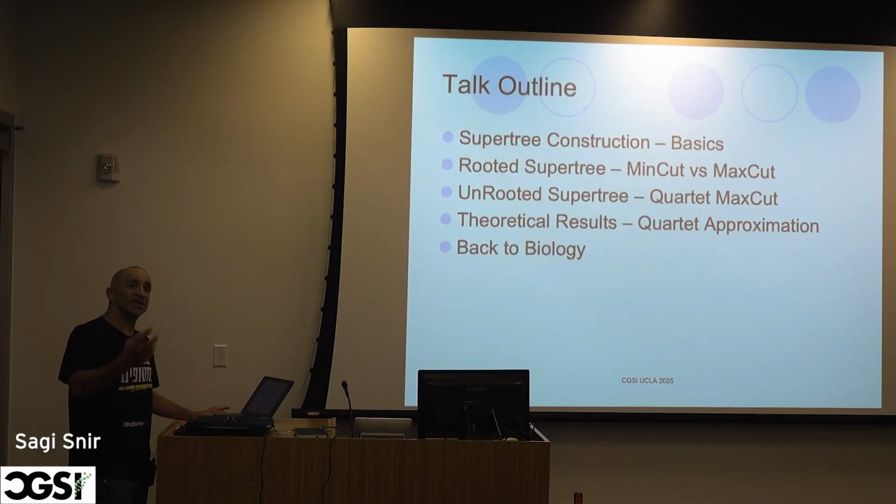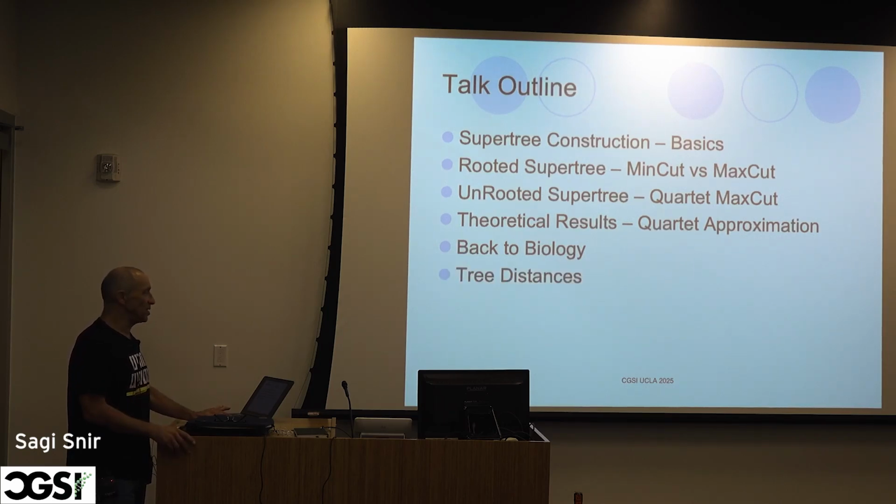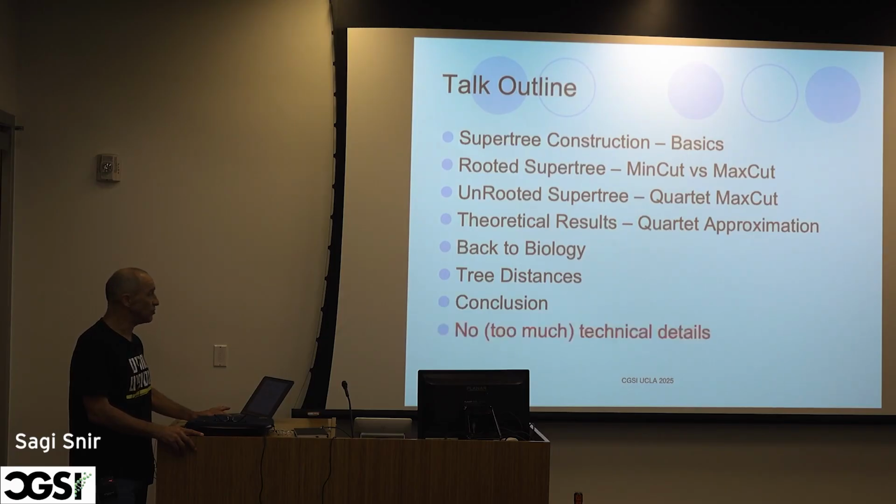Then I will return from theory to biology and touch on a topic that was also addressed in the retreat, if you remember, which is tree distances. Then I will conclude. Not too many technical details, although there are a lot.